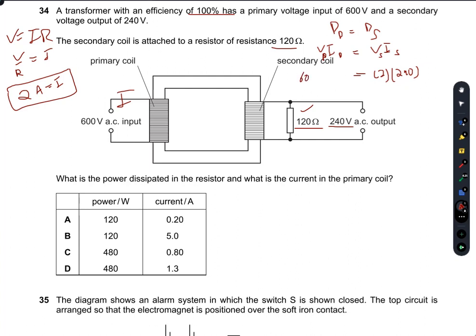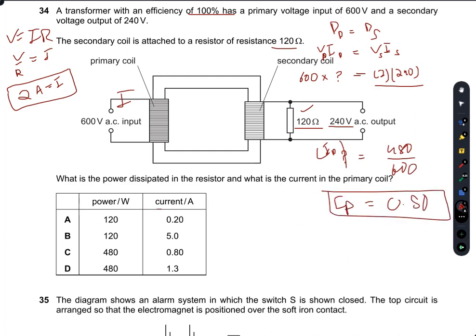The primary voltage is 600 volts, and I multiply this by something unknown to get the value of current in primary. So simply if I divide 480 over 600, I will get this question mark, which is the current in primary. So 480 over 600, that is 0.80 is the current in primary.